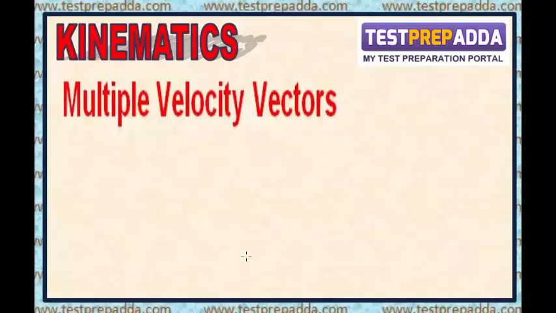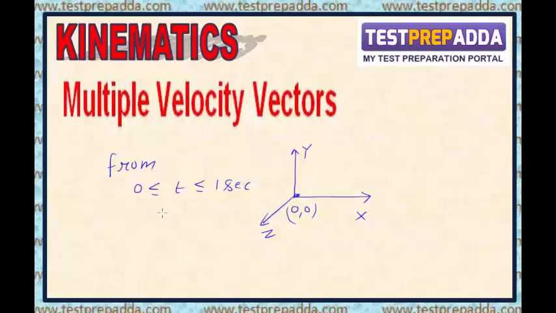For example, if initially the object is at origin (0, 0), if I consider two-dimensional motion, then from 0 to 1 second, if the velocity vector is given as i cap plus j cap, and from 1 to 2 seconds, the velocity vector is given as 2i.